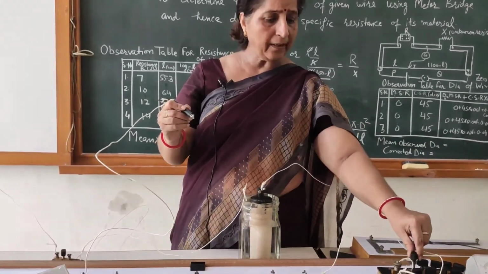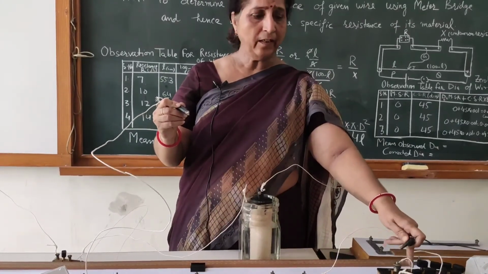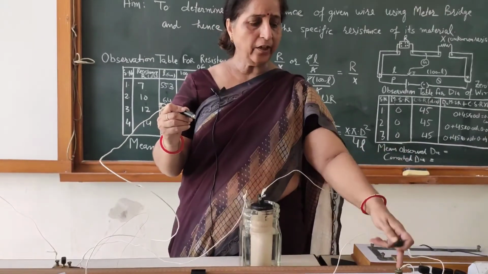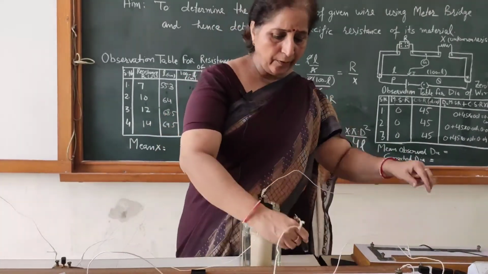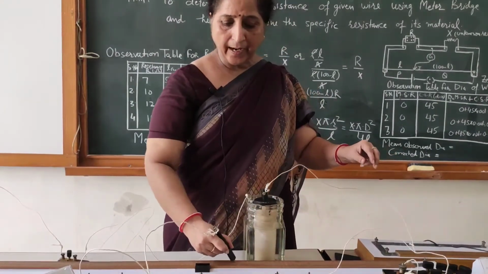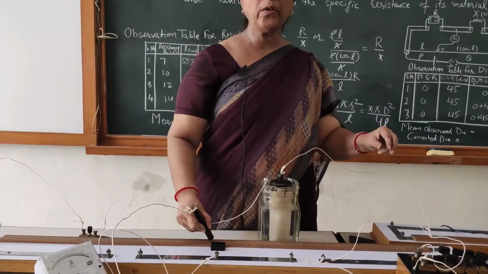You introduce the resistance by taking out the plug. Say you have introduced 7 ohm, and you will touch the jockey at different positions and locate the null point where the galvanometer will show no deflection.